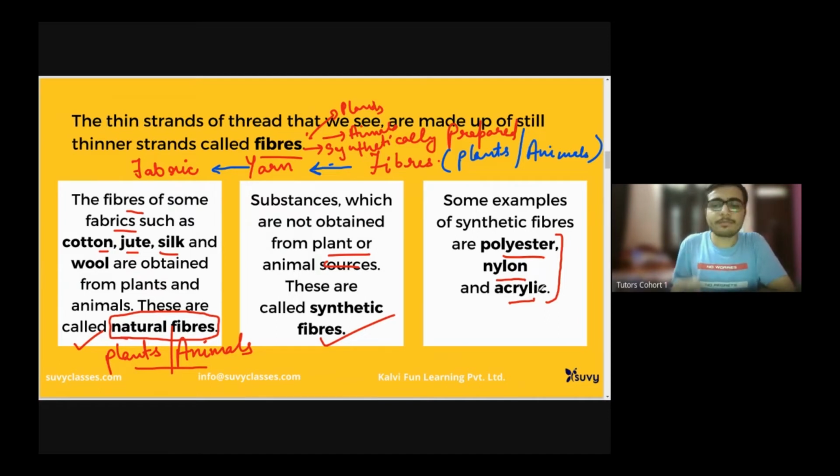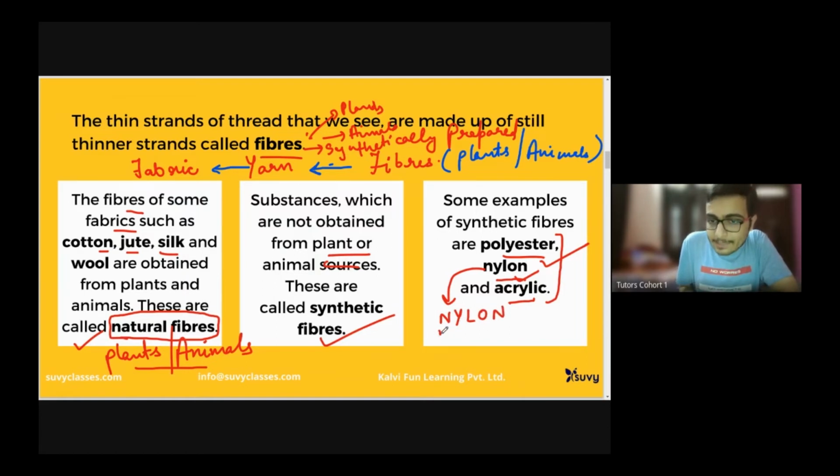And children, just for your curiosity, when you move to higher classes like standard 11 and 12, we study things in so much detail that we even study the chemical structures of polyesters and nylon. One more thing, since we are discussing nylon, do you know NYLON?